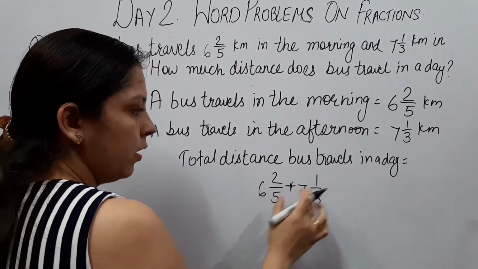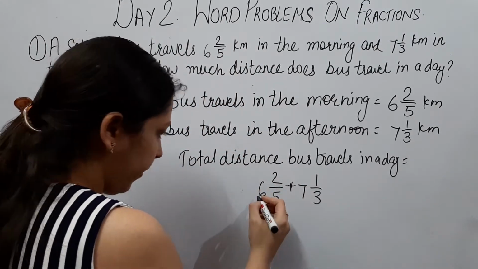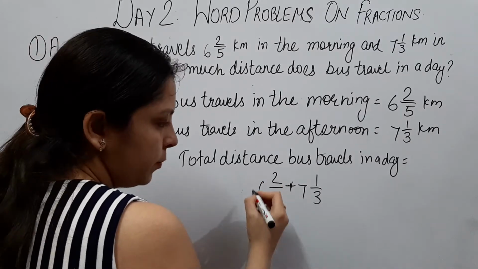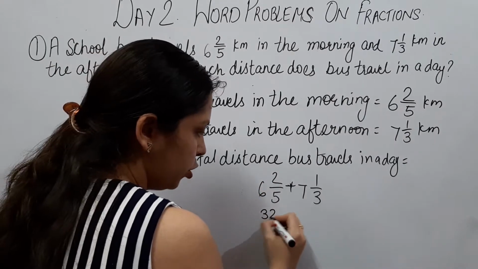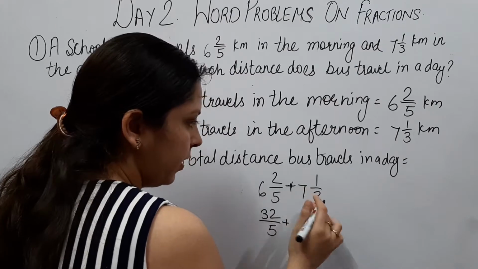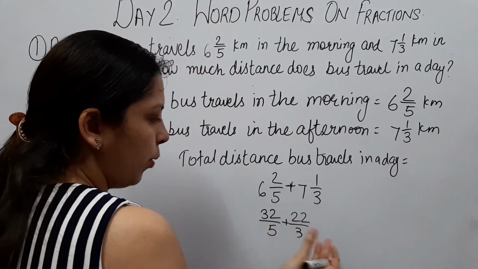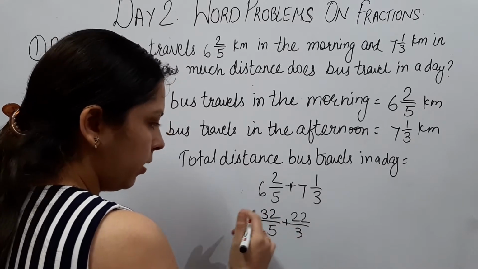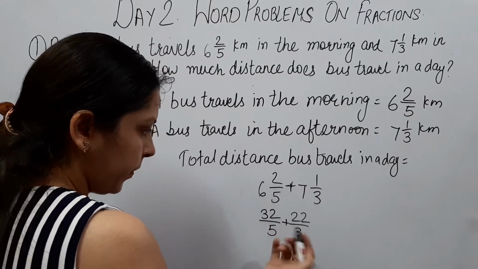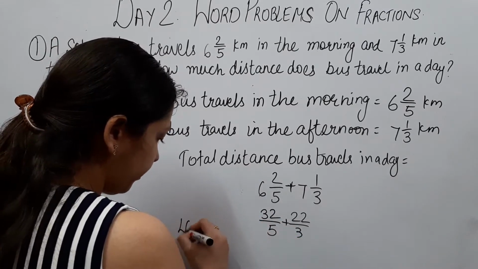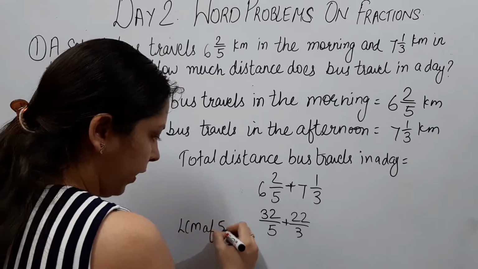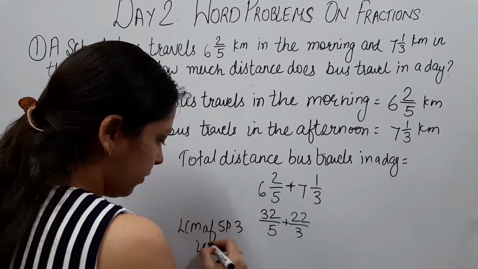So first we will convert the mixed fractions into improper fractions. 6 times 5 is 30, and 2 is 32, so 32 by 5, plus 7 times 3 is 21 and 1 is 22, so 22 by 3. Now as we have different denominators, we will take the LCM of 5 and 3. LCM of 5 and 3 is 15.